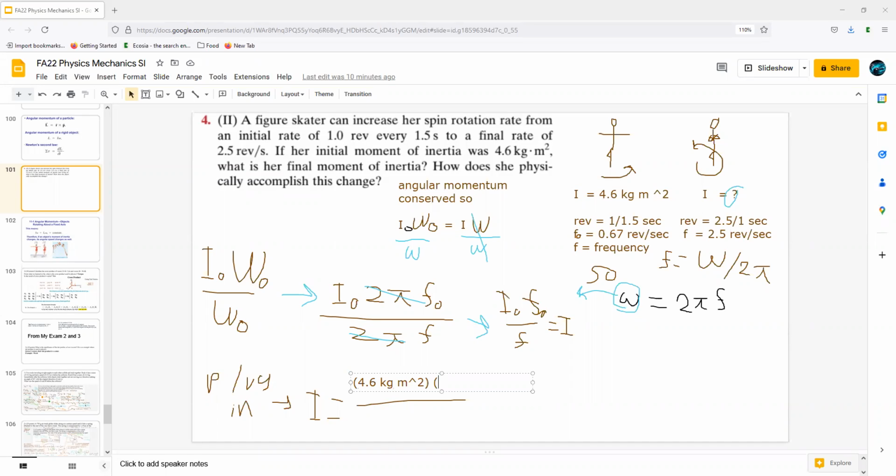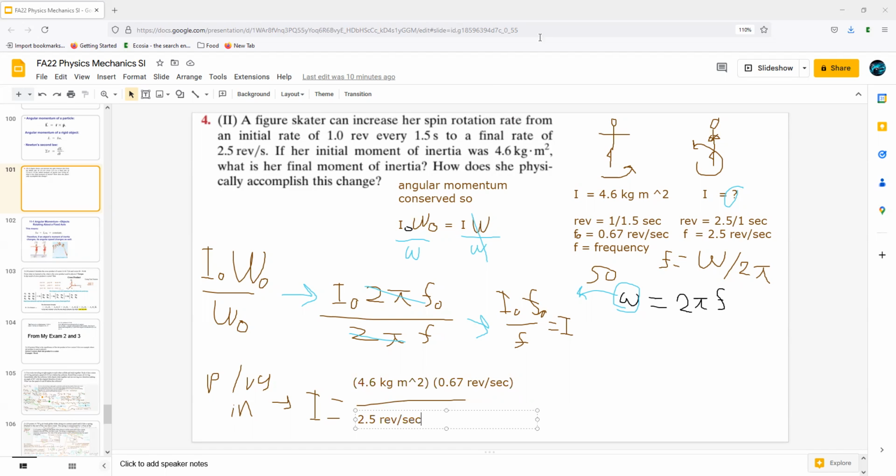The initial frequency is 0.67 revolutions per second. And then you have the new one, which is 0.5 per second.